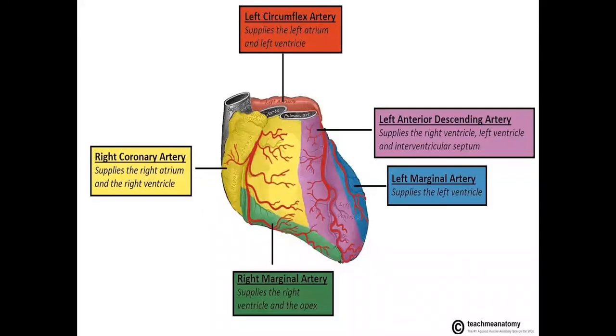Another thing that is important to note is which part of the heart each of these coronary arteries supplies. The right coronary artery will supply the right atrium and the right ventricle. The right marginal artery will supply the right ventricle and the apex. The left marginal artery will supply the left ventricle. The LAD will supply the right ventricle, left ventricle, and the IVS.